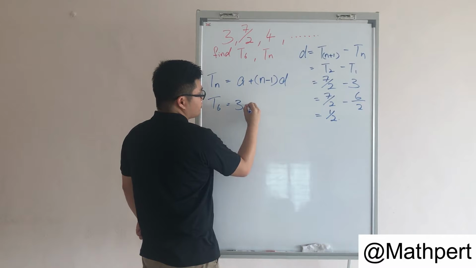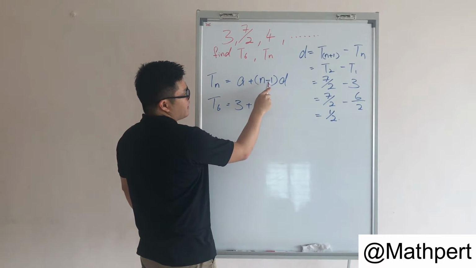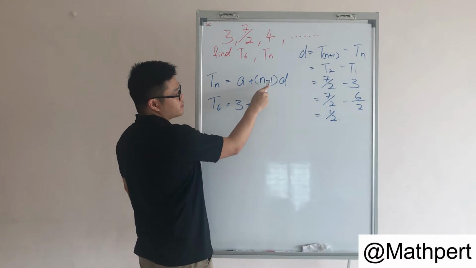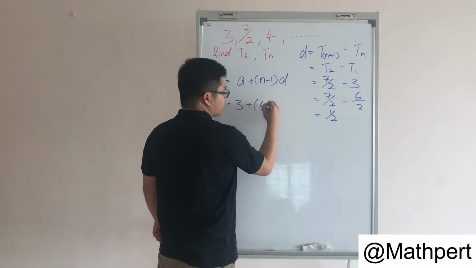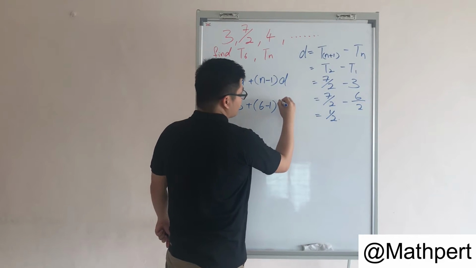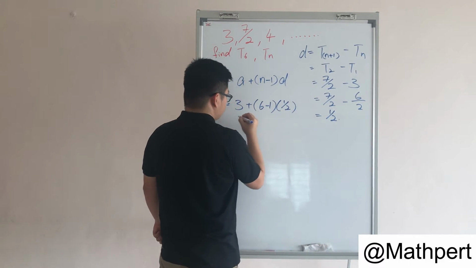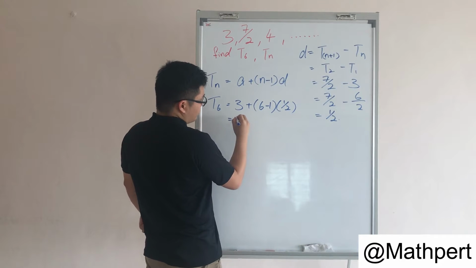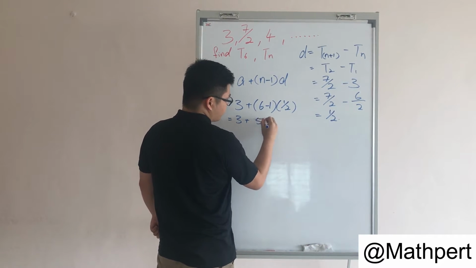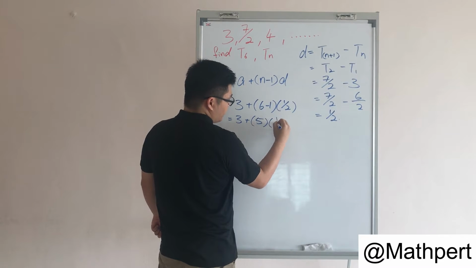So we put 3 plus (n minus 1), n is equal to 6, so 6 minus 1. And d is 1/2. So we have 3 plus (6 minus 1), which is 5, multiplied by 1/2.